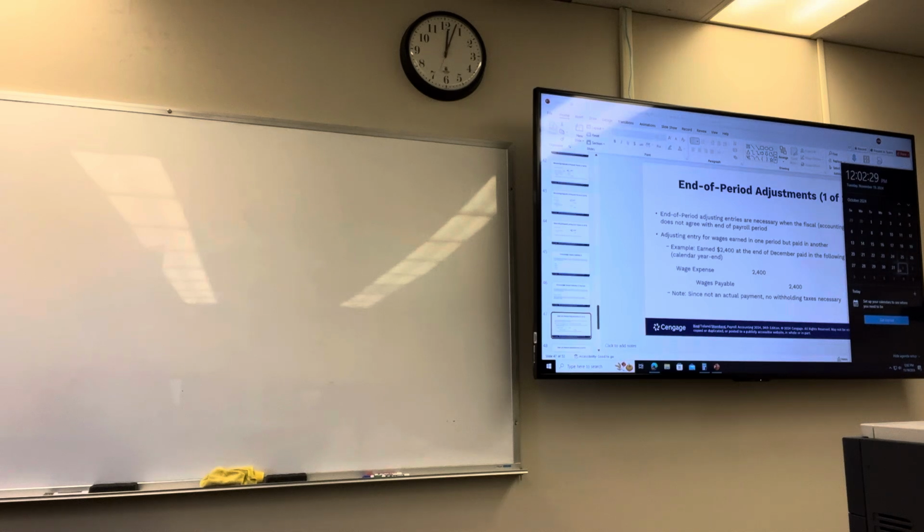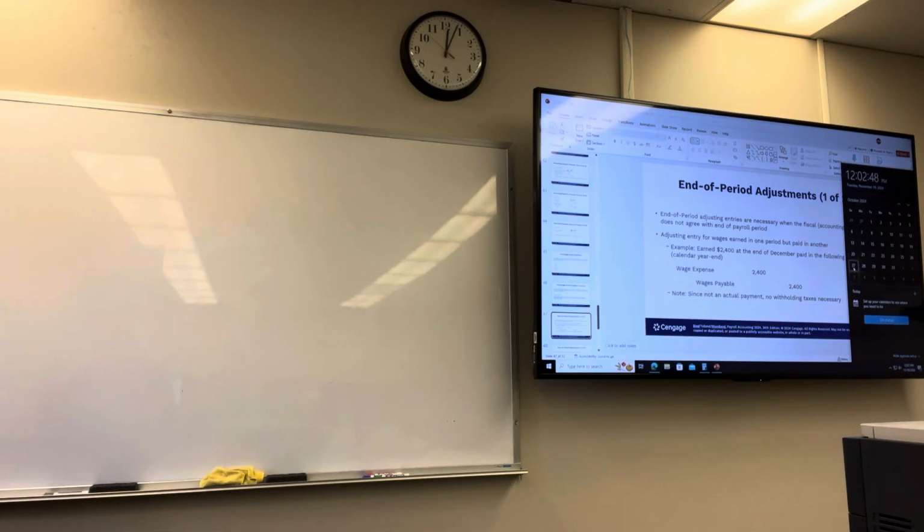that is, say we're on a bi-weekly pay period, and we'll say it started on the 19th of October, and then ended on the 3rd, so two weeks.